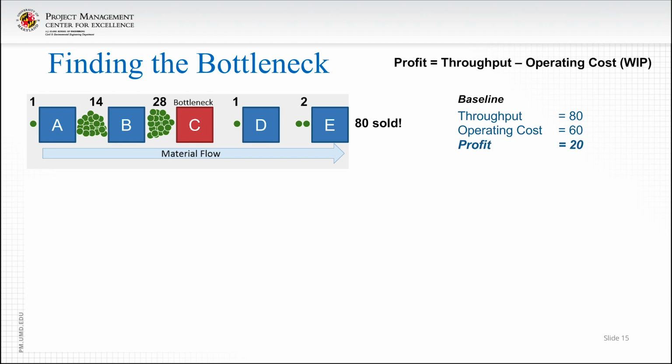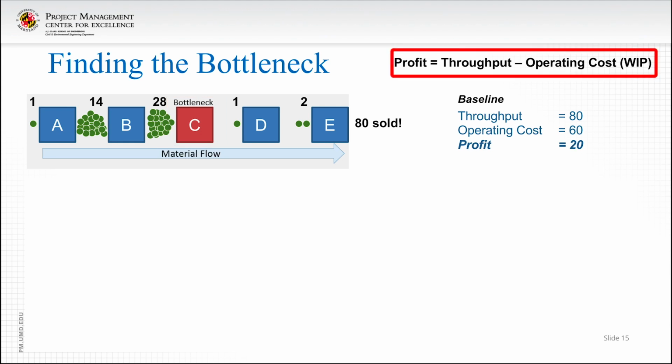If we look here at this first example of a system where we have processes A, B, C, D, and E, we can clearly see the bottleneck is C because a lot of work is backed up before C, and the processes after C don't have very much work in them at all.